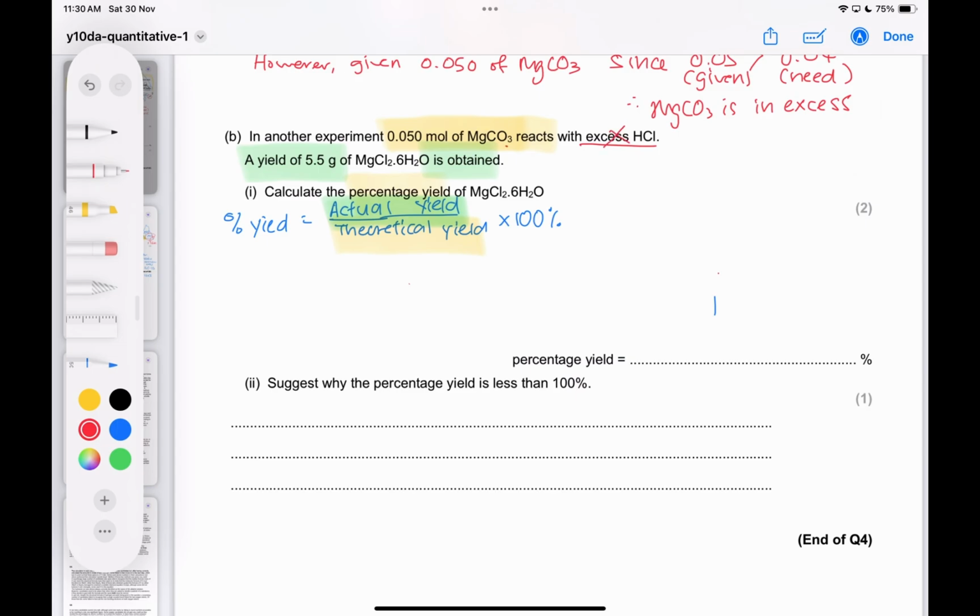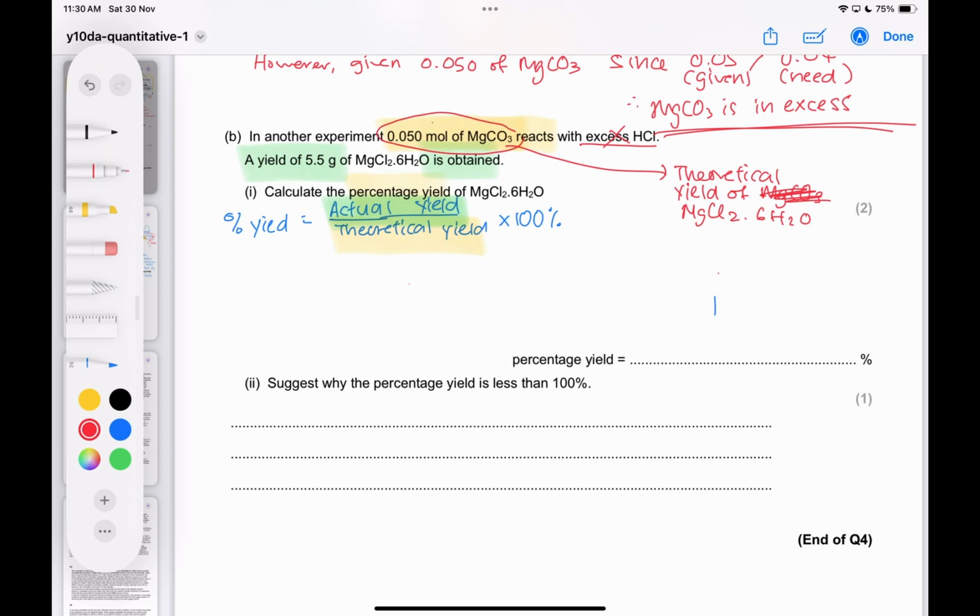So we want to use this to calculate the theoretical yield of MgCO3. We want to calculate the theoretical yield of the product formed, which is MgCl2·6H2O, based on this.